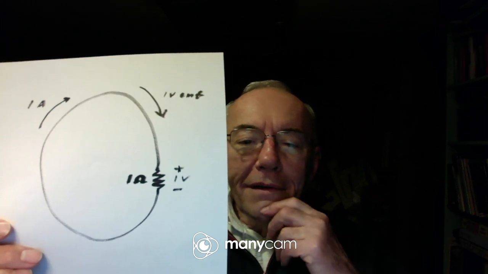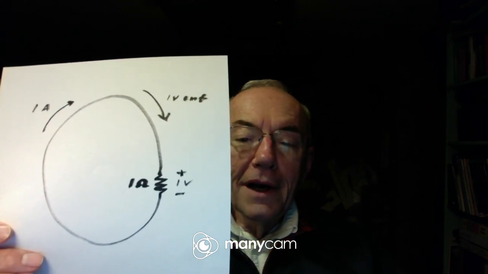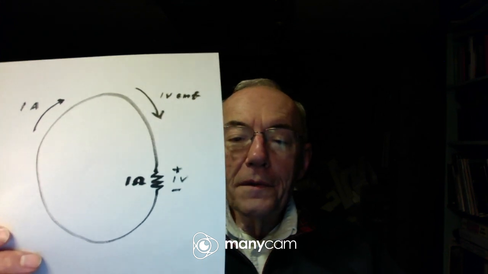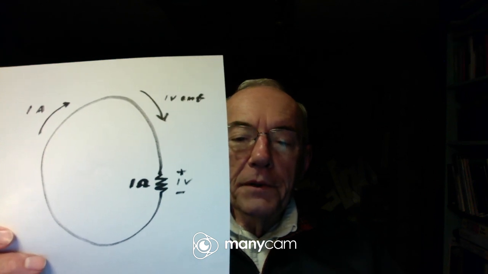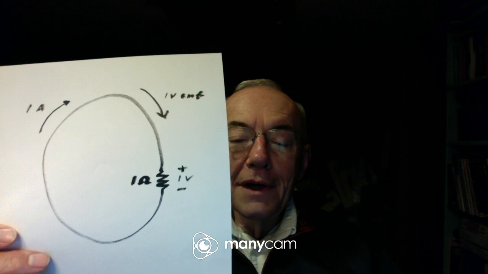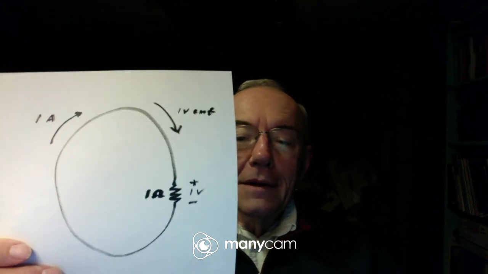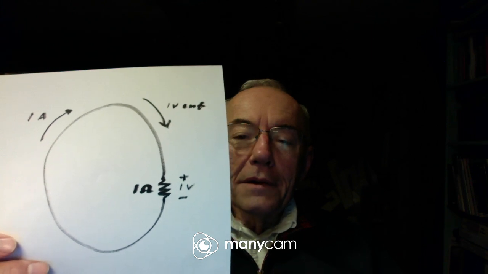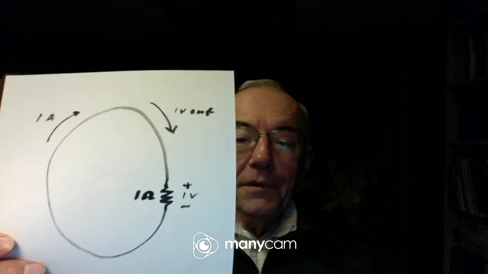Now, the EMF will cause a potential difference of 1 volt across the resistance. Notice there are 2 paths between the ends of the resistor, one through the resistor and the other the wire of the circuit. So the EMF and the potential difference are in opposite directions.